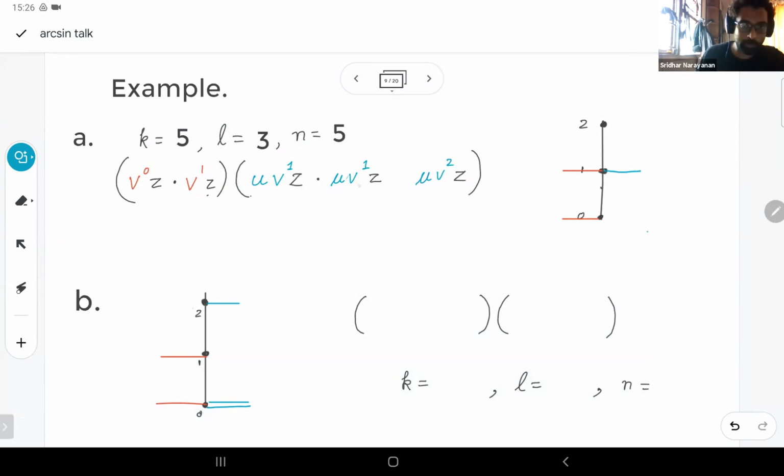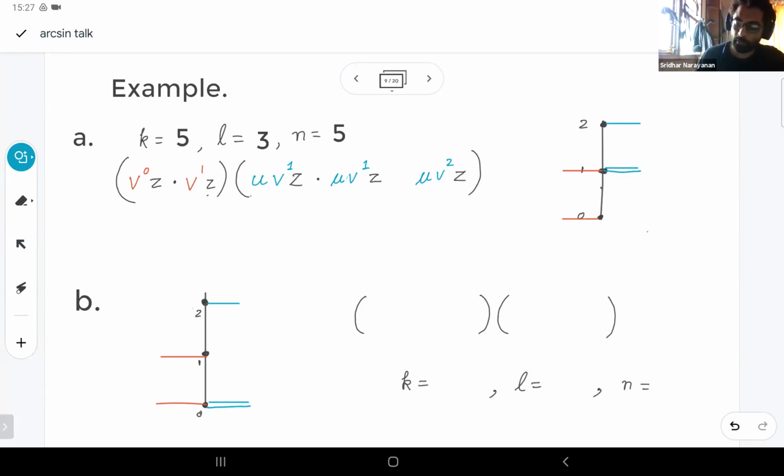There's another v raised to 1, so we mark a second line on the first level. And then the last one is v raised to 2, so we mark it on the 2. So this is how we go from a particular term to a representation of that term on this axis.